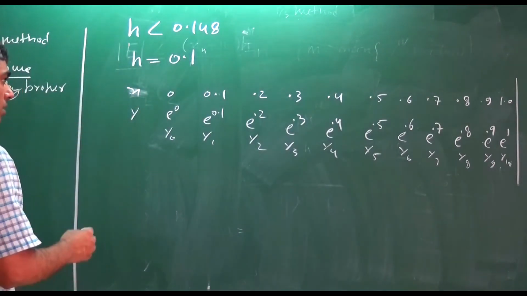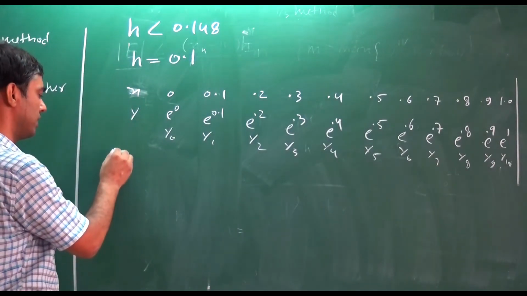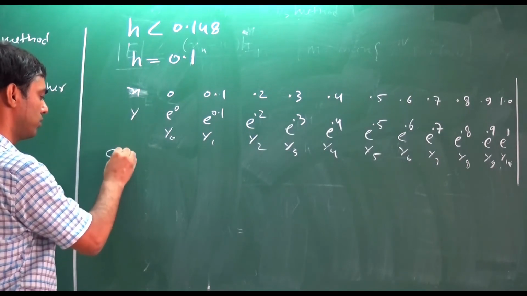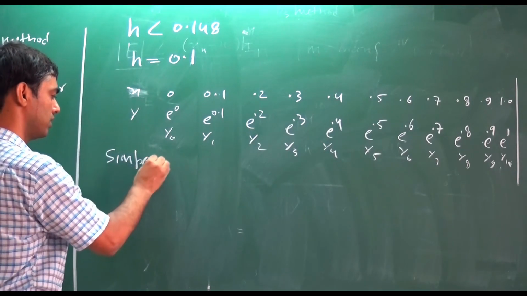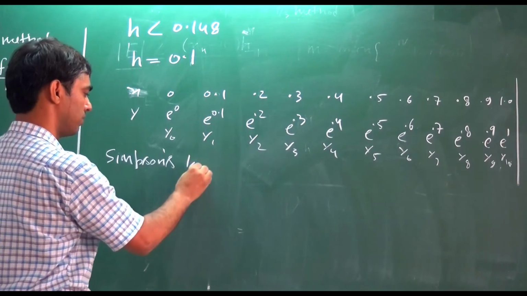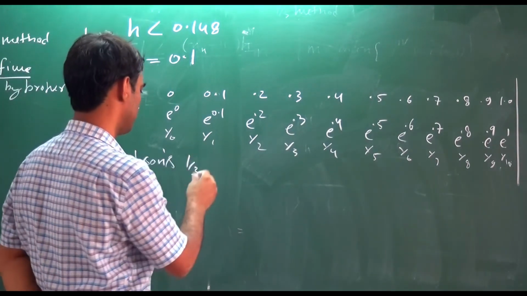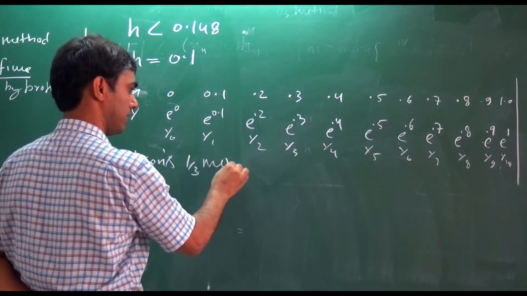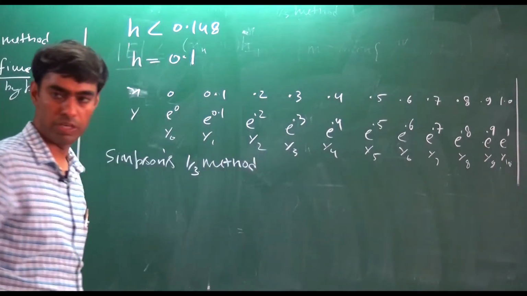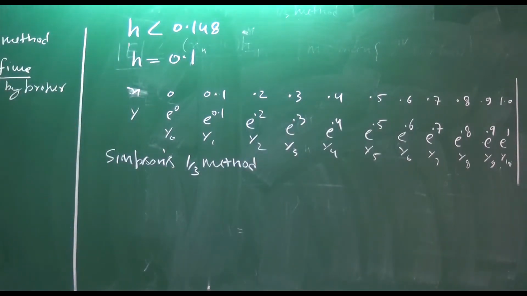Now, by the formula of Simpson's one-third method, what is the value? The value becomes here what?